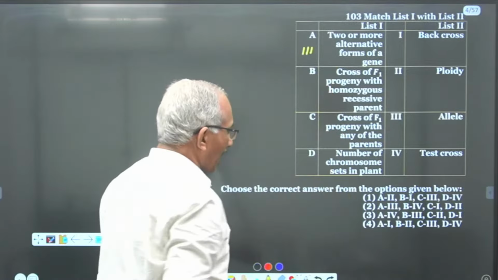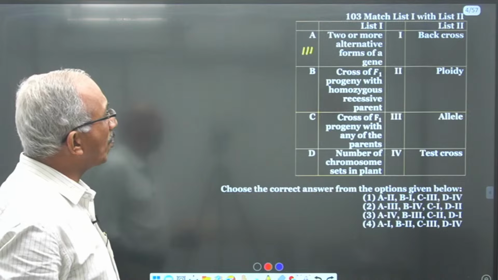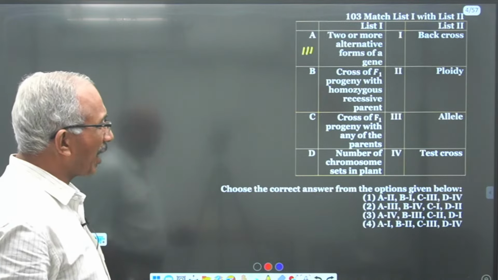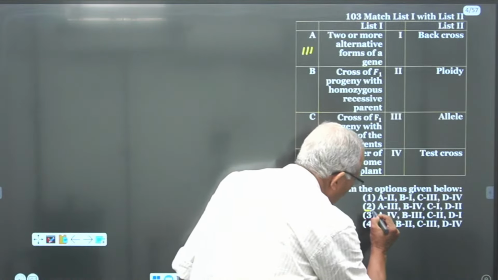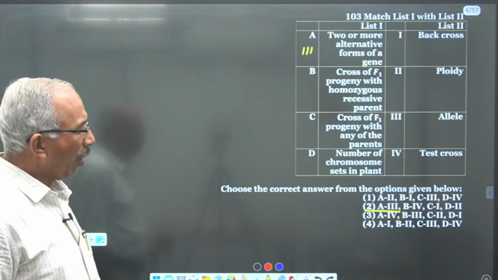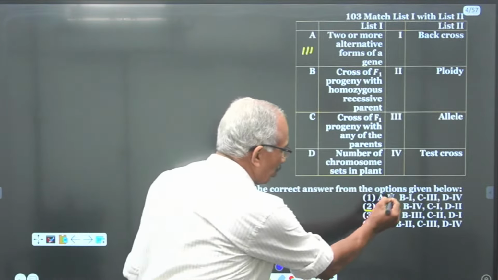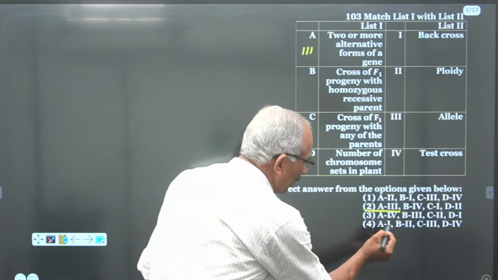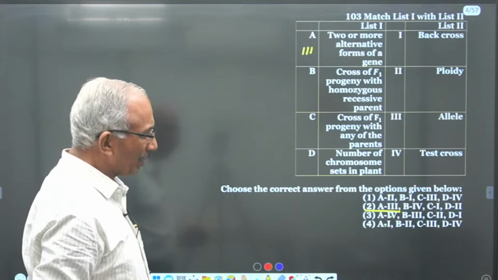It is referred to as allele. There is only one option which matches A with 3. All other options have A with 2, A with 4, or A with 1.